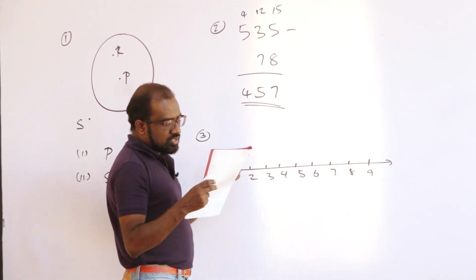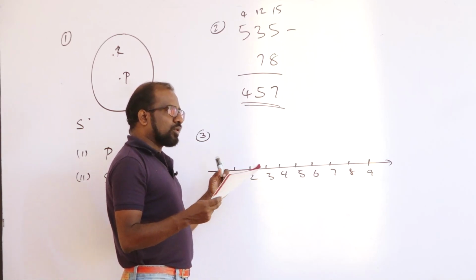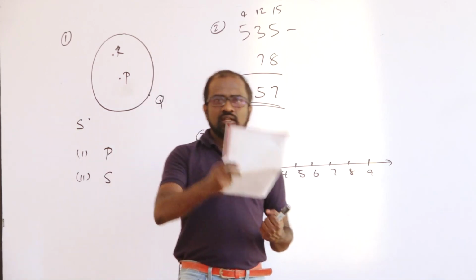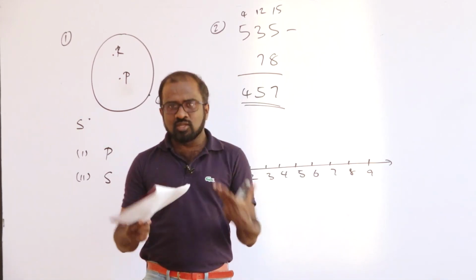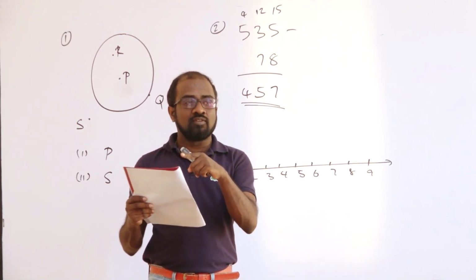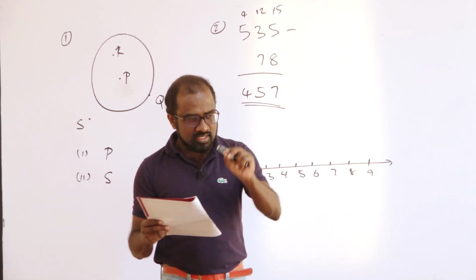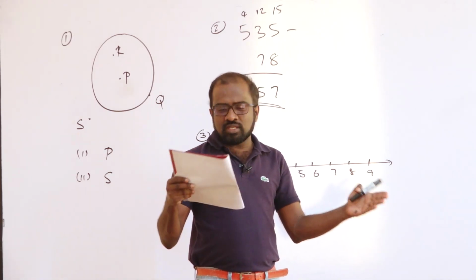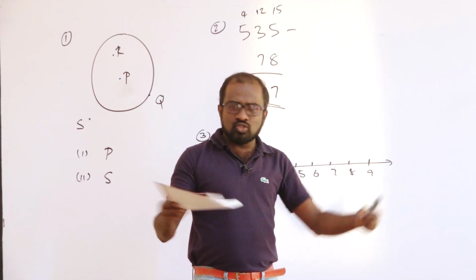So, the odd number pattern: 1, 3, 5, 7, 9, 11, 13. That's how the odd numbers come. When you say between 1 and 9, we have done in the class, you cannot take the 2 numbers on either side.